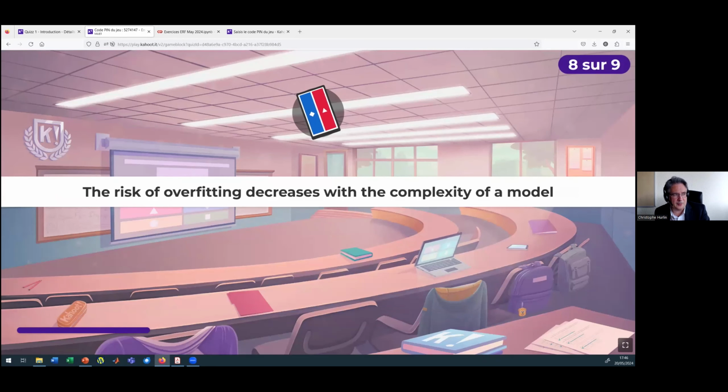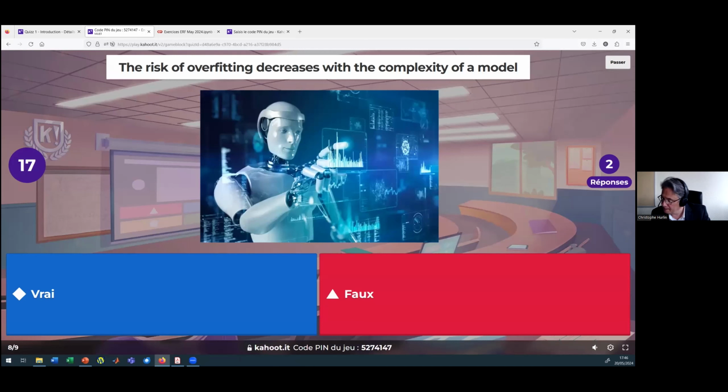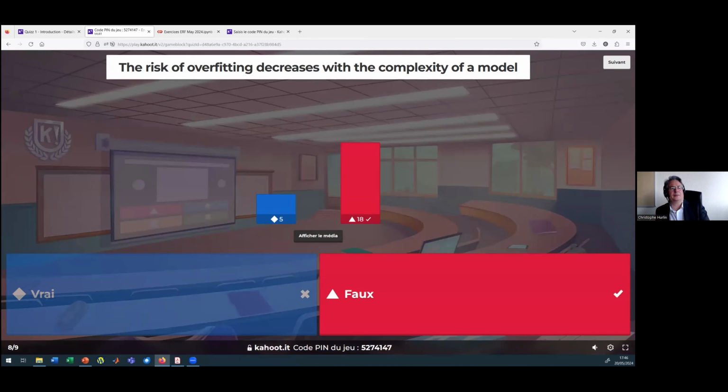True or false? The risk of overfitting decreases with the complexity of a model. It is false indeed.